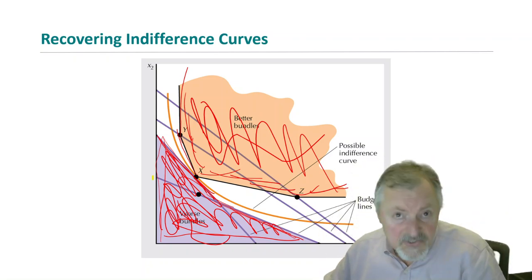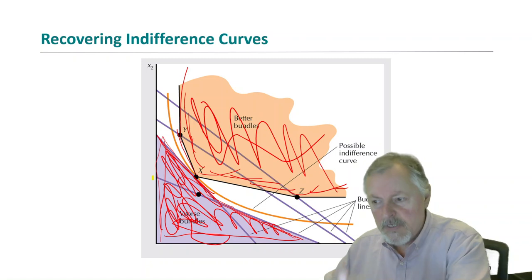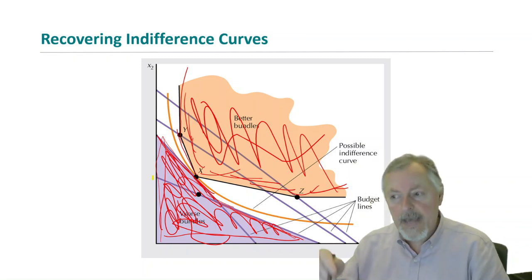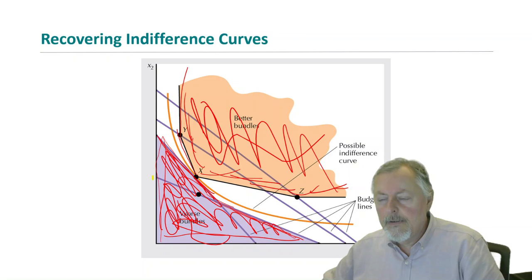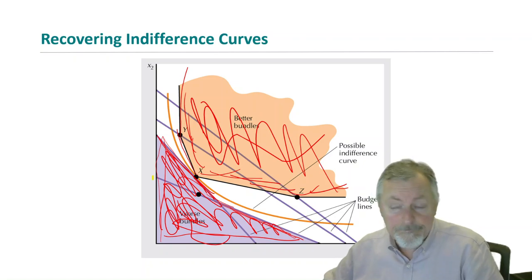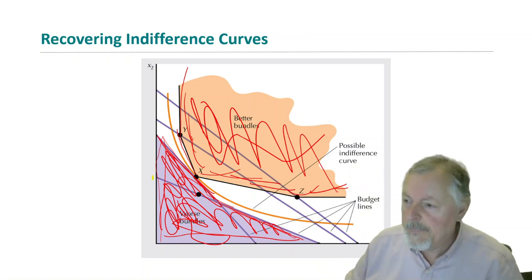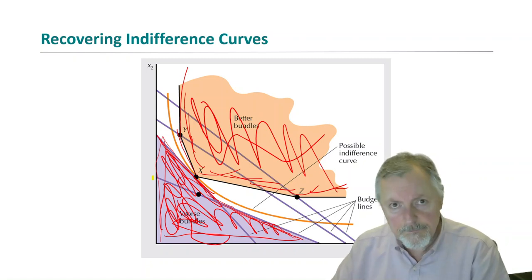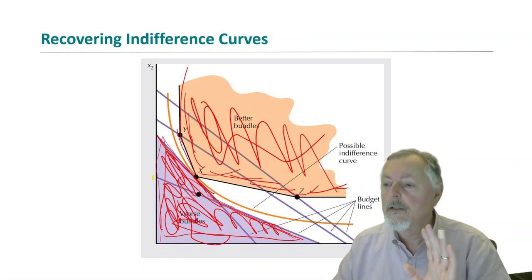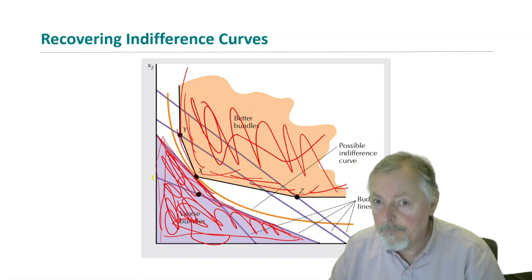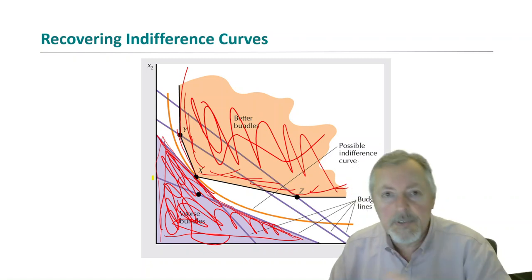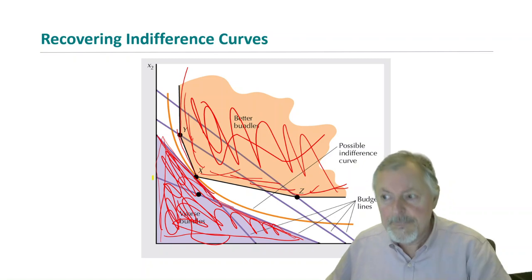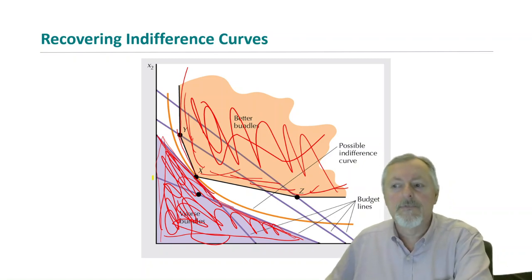It lets us estimate this person's indifference curve for the one that X is on. It doesn't nail it down perfectly, but the more choices you see, assuming none of them are contradictory by either WARP or SARP, depending on the standard you want to use for rationality, lets you recover indifference curves.